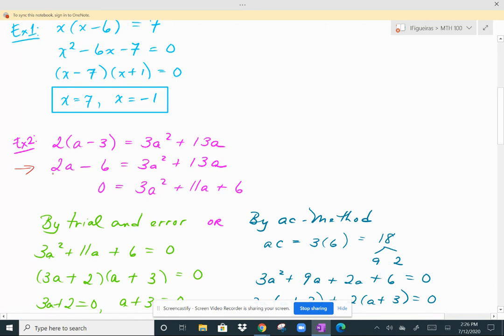Then I need to subtract 2a and add 6 so that the left side is equal to 0. So I like to keep the first term positive, so I'm going to leave the 3a squared on the right. So when I subtract 2a and add 6, you get this equation, 3a squared plus 11a plus 6.